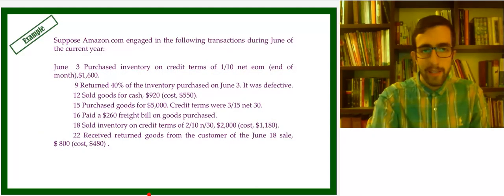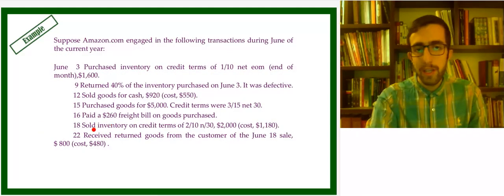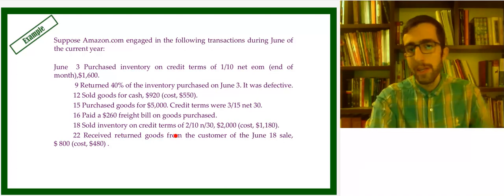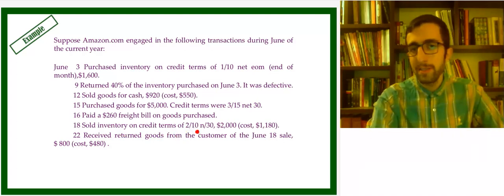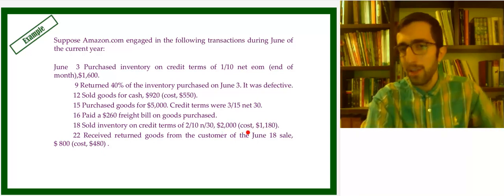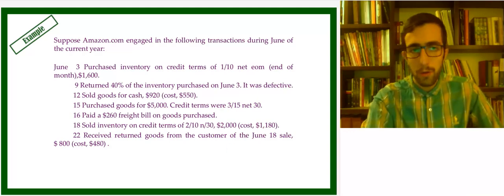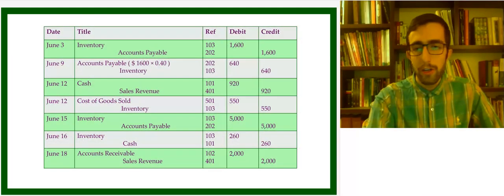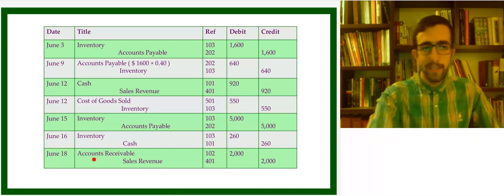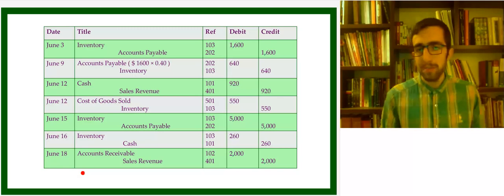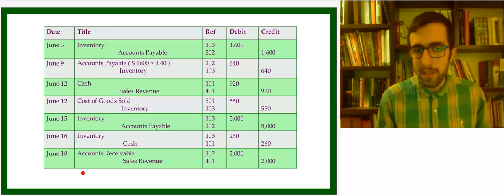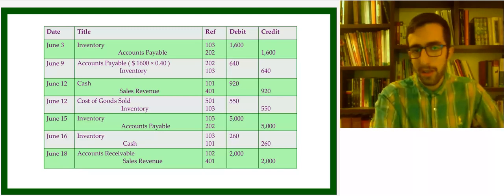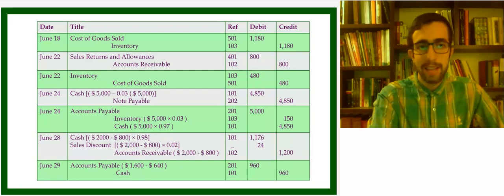The next transaction, on June 18: Amazon sold inventory on credit terms of 2% in 10 days, net 30 days, $2,000, and the cost of this transaction was $1,180. So for the transaction on June 18, we have accounts receivable $2,000 on the debit side and sales revenue $2,000 on the credit side.